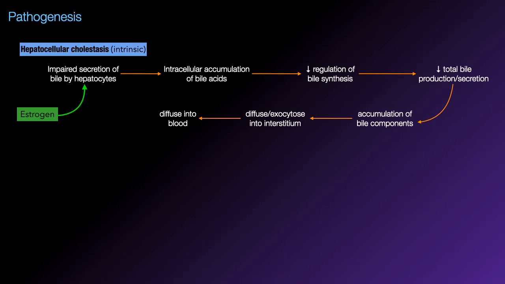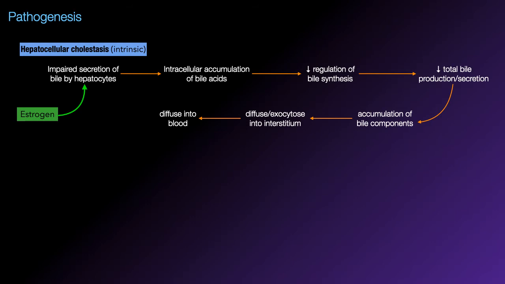Okay, so hepatocellular cholestasis, what we have now in the slide, is strongly associated with the hormone estrogen. Estrogen inhibits the export pump of the hepatocytes that pump out the bile acids, usually in the form of cholic acid, which is produced when hepatocytes break down cholesterol.